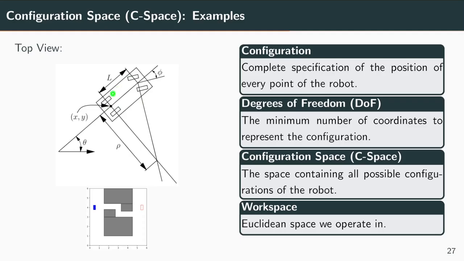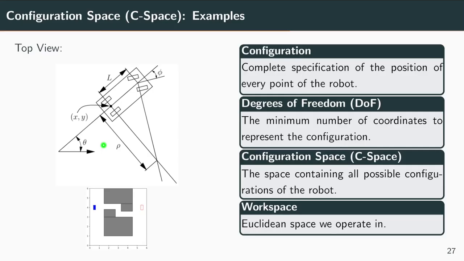The car has some length L, the distance between the back wheels and the front wheels. It has a center that we defined to be on the back axis of the car, and that defines where the position is. And then we have another angle theta, which tells us which orientation the car has in the space.